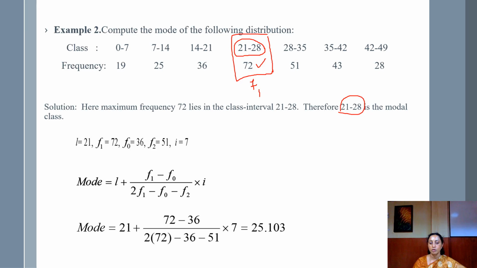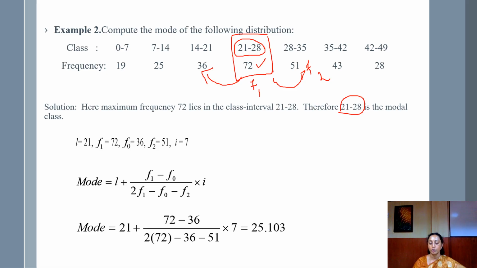And then F0. What is our F0? F0 is the frequency preceding the modal class, that is 36, and then divided by 2 times F1, which is 72, minus F0, 36, minus F2. What is our F2? F2 is the frequency succeeding the modal class. So here the F2 value is equal to 51, multiplied by the class interval. For 0 to 7, the class length happens to be 7.